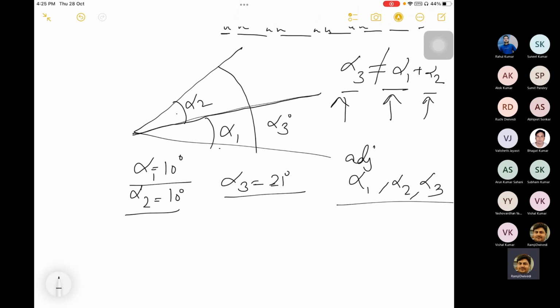Now you have to tell me the adjusted values of alpha 1, alpha 2 and alpha 3. You have to solve this problem using the observation equation method. That's it.